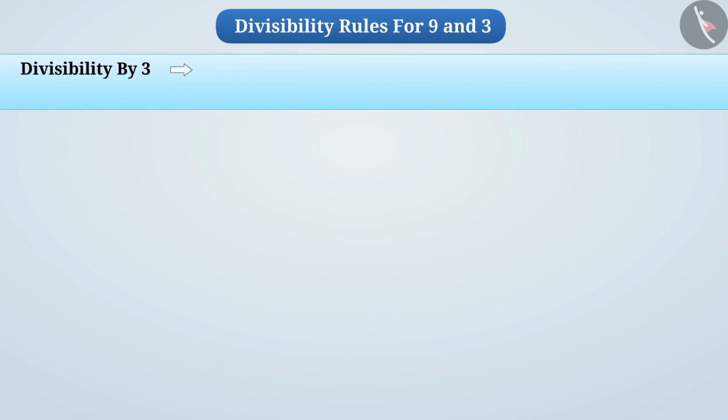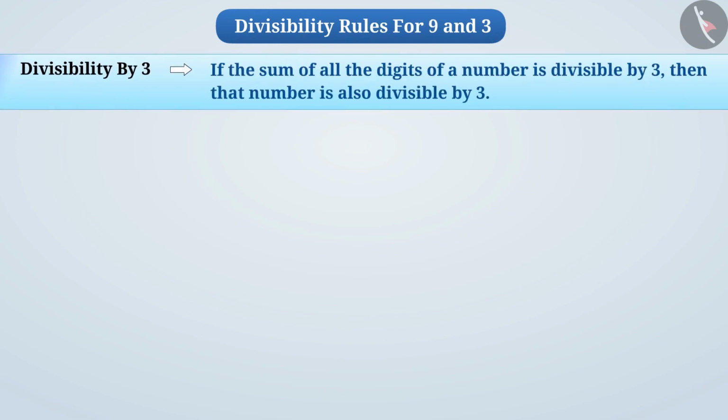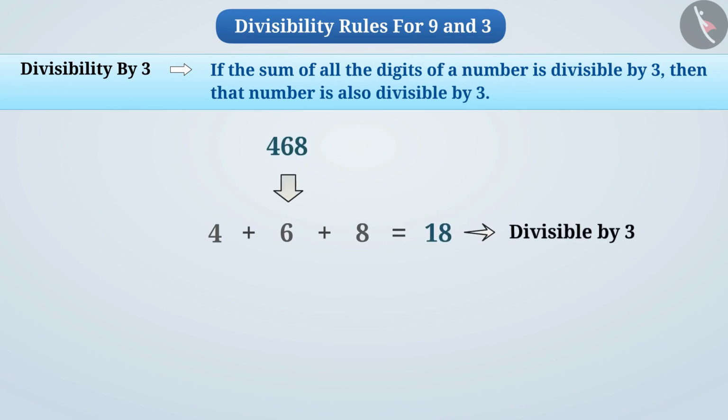Divisibility by 3 tells us that if the sum of all the digits of a number is divisible by 3, then that number is also divisible by 3. For example, the sum of digits 4, 6 and 8 in the number 468 is 18, and 18 is divisible by 3.